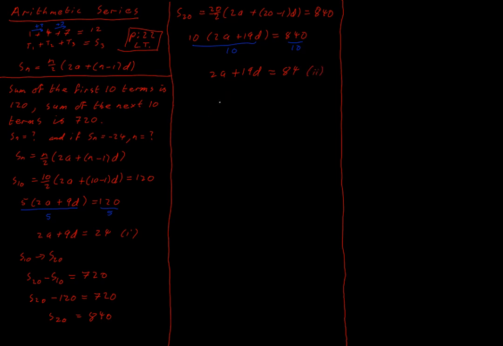And in this case, life is easy. I have 2a here and 2a here. So if I start with equation 2 and subtract away equation 1, I'll end up with an equation only involving d. So equation 2, 2a plus 19d is equal to 84. 2a plus 9d is equal to 24.